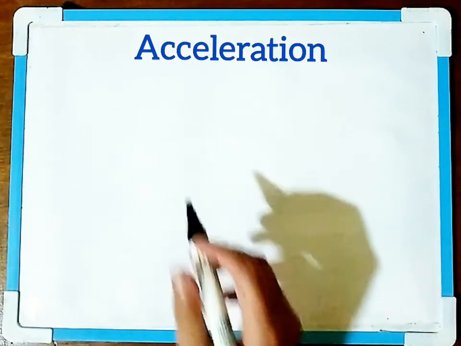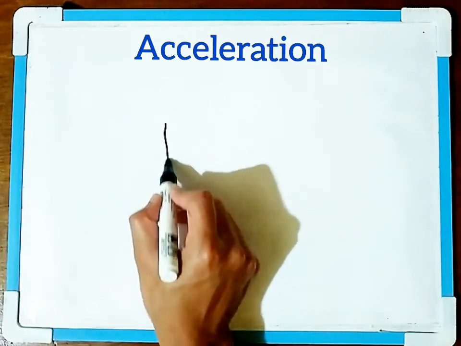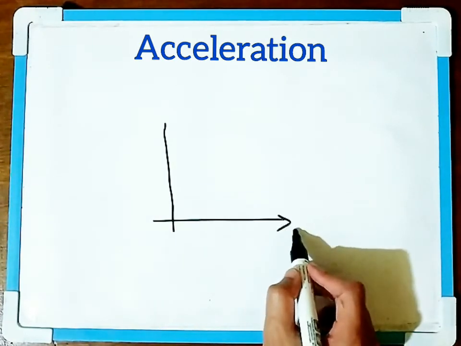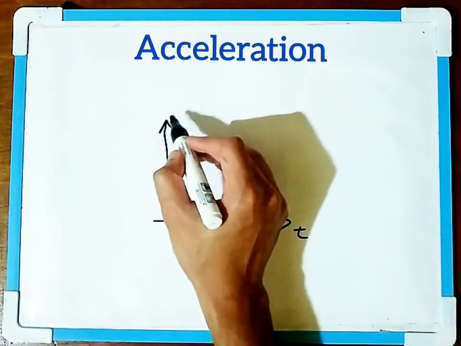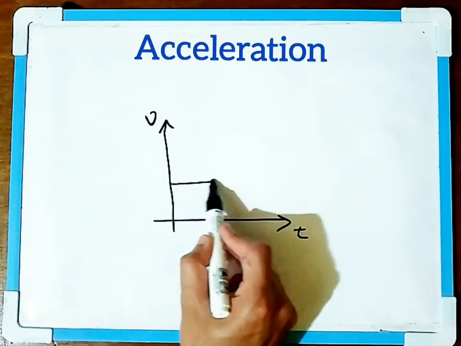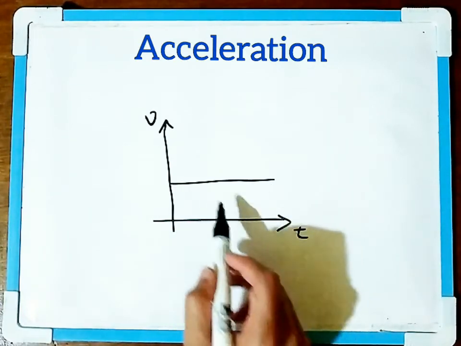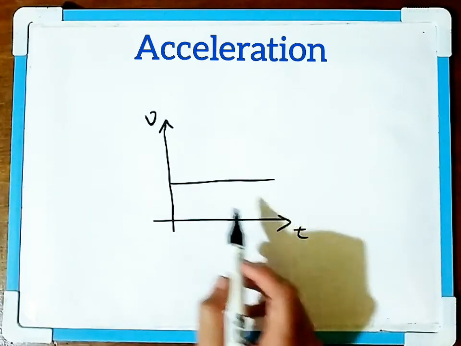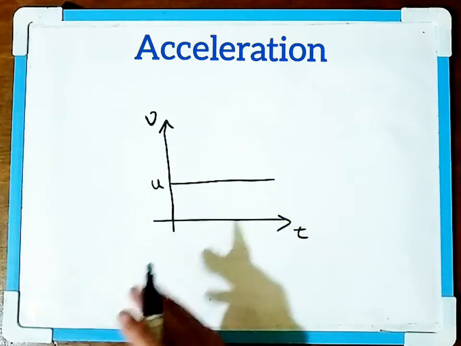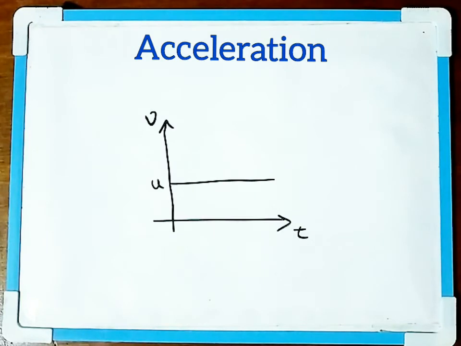The velocity time graph of the motion of a car with zero acceleration can be drawn as a straight line parallel to the time axis, and the velocity of this car is u. So the car is moving with a constant velocity, it's not accelerating. So here the acceleration is 0.